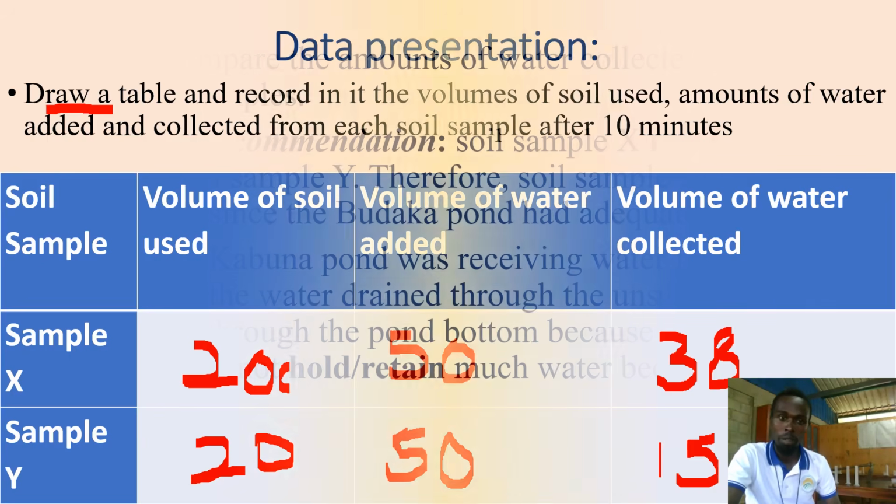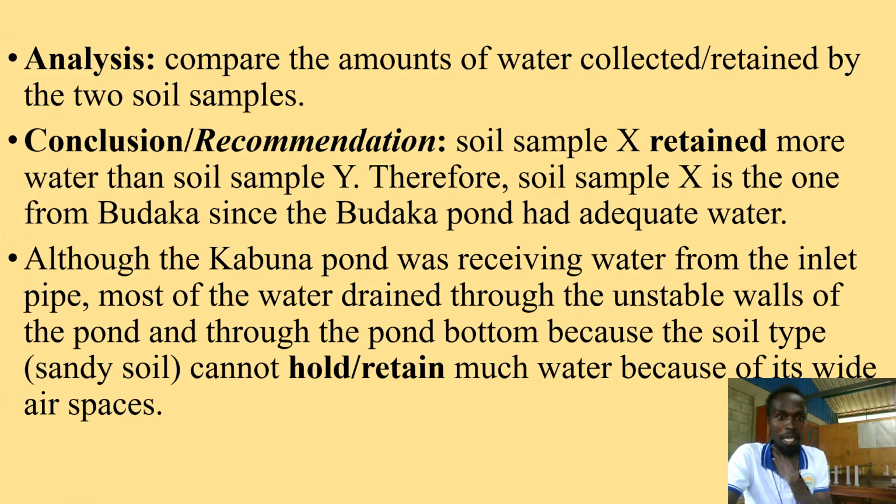And now, data analysis. What were you analyzing? You compare the amounts of water collected or retained in the two soil samples. What's the analysis? What have you found out?